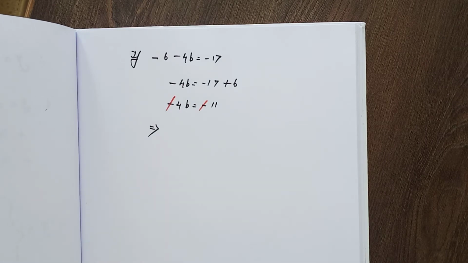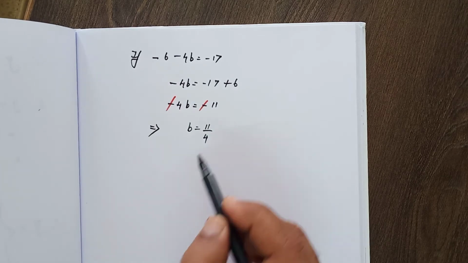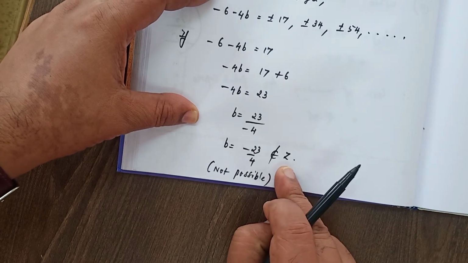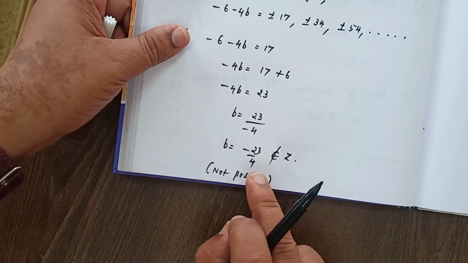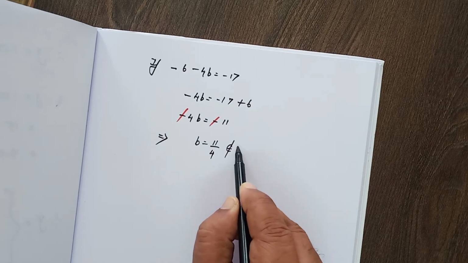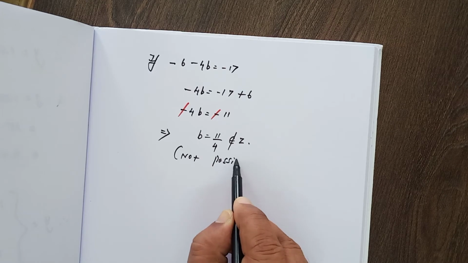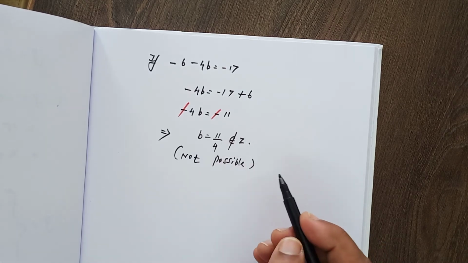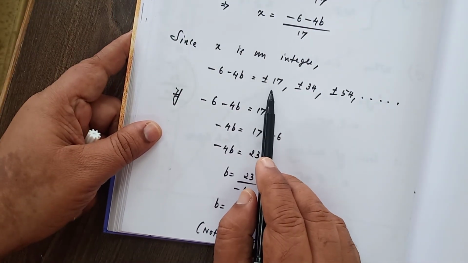We get b equals 11 by 4. Here, sorry, I have to mention, it doesn't belong to Z. It is not an integer, it is a fraction, a rational number. It has to be an integer, okay. Look at that, it doesn't belong to the integers. Therefore, it is not possible. So what is given in that question? b and x must be integers. So plus 17 and minus 17 are not possible.